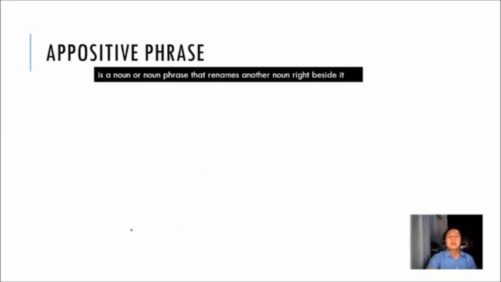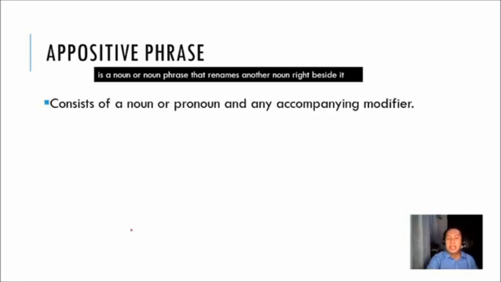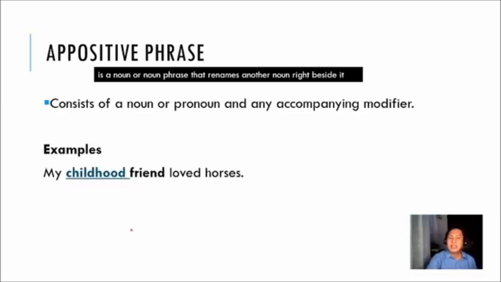Next, the last one is the appositive phrase. What is an appositive? It is a noun or a noun phrase that renames another noun right beside it. It consists of a noun or pronoun and any accompanying modifiers. As an example: My childhood friend loved horses. Here childhood friend is an appositive phrase because we can remove childhood and still form the sentence: my friend loved horses.